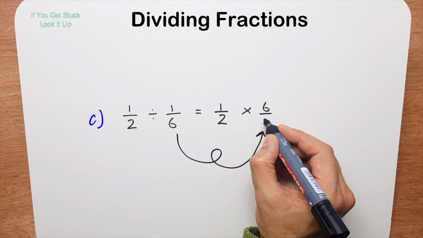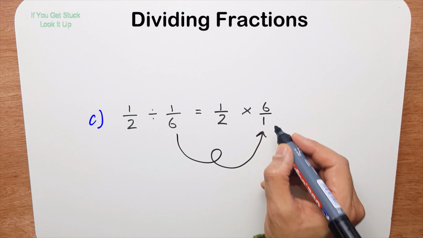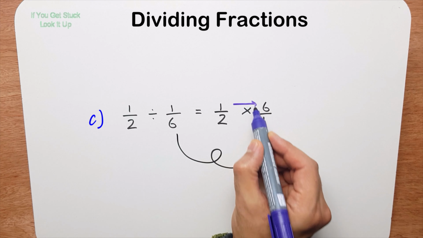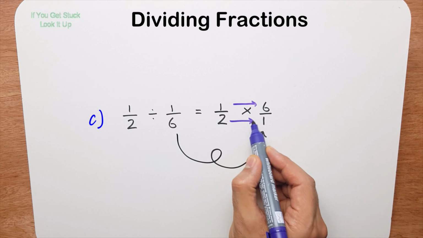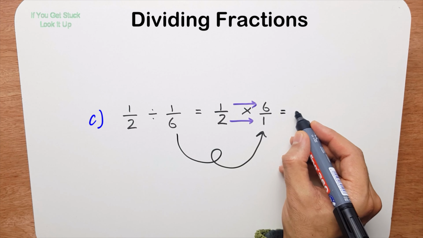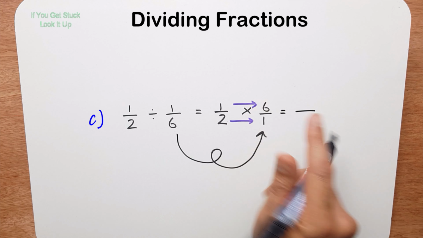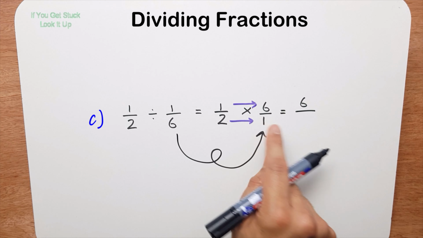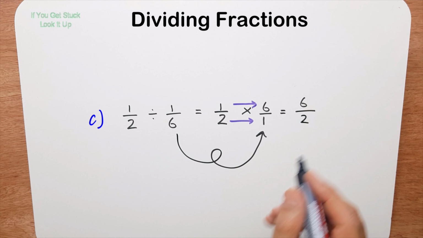So it's 6/1, or 6 ones. Now what I've got is two fractions, and I multiply straight across. There's my fraction line. 1 times 6 is 6. 2 times 1 is 2.